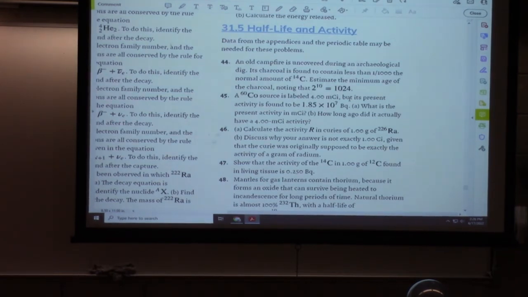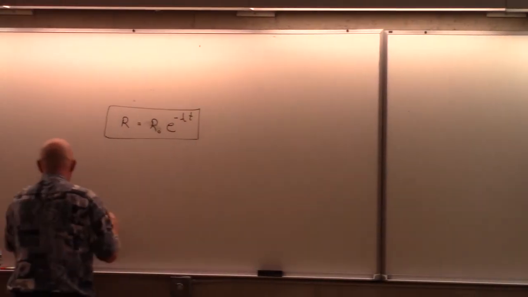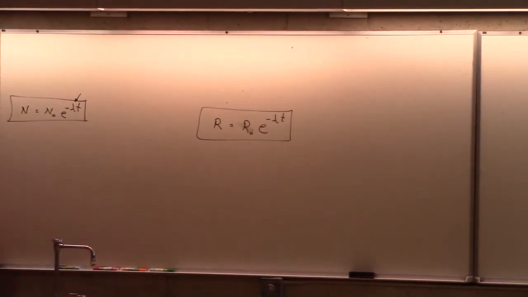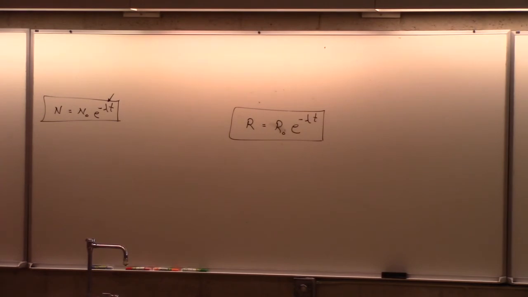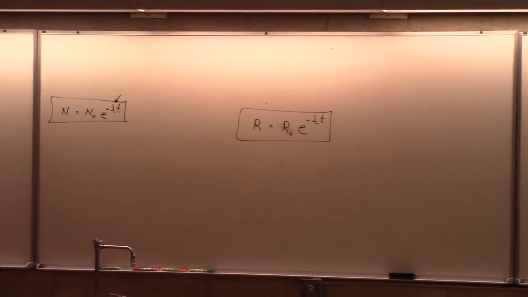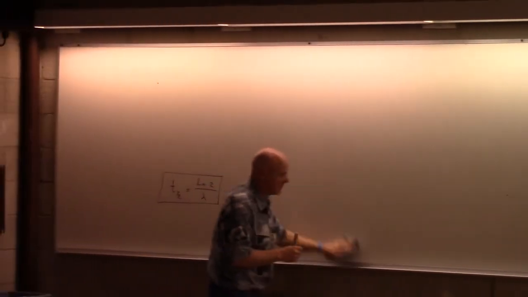And so finally I get to why I've been saving these equations, because I wanted them handy for number 45 and number 58, where we do some calculations with half-lives and radioactivity. So let's read this 45 together.